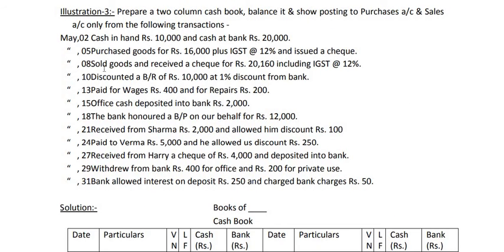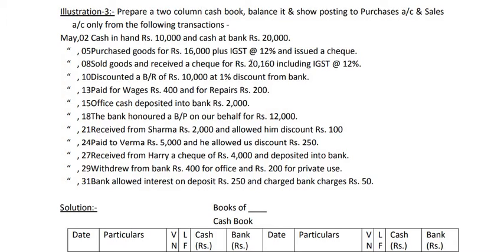Then sold goods and received a check for 20,160 including IGST 12%. Here we are receiving a check. That means they will come to the debit side of the cash book because we are receiving a check for 20,160. Out of this, this total is not sales. This is sales plus IGST. That means this is 112%.